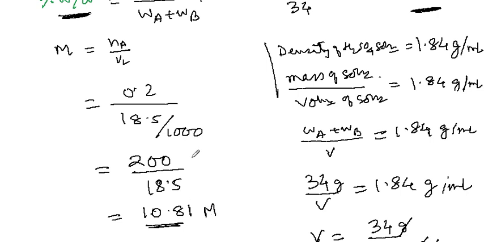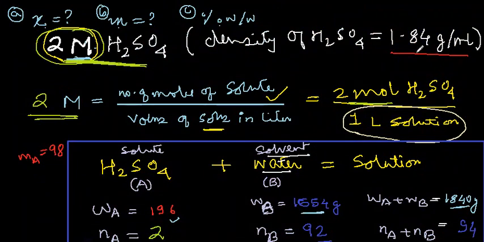So we could have also written the unit in place of molarity as mole per kg, sorry, mole per liter. Instead of mole per liter, we have written molarity, so it's the same. Now we know how to convert the molarity into the mole fraction, molarity into molality, molarity into percentage by mass.